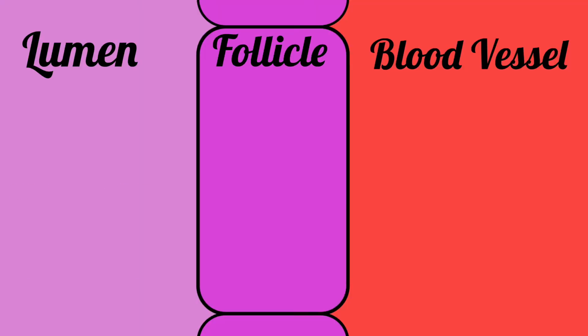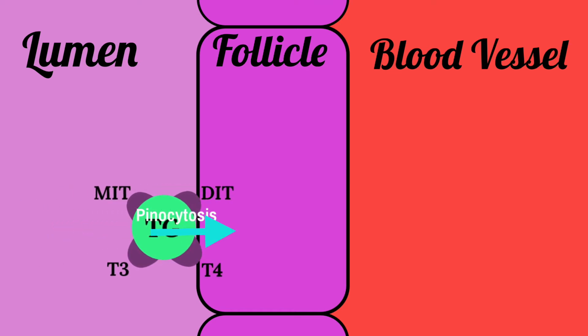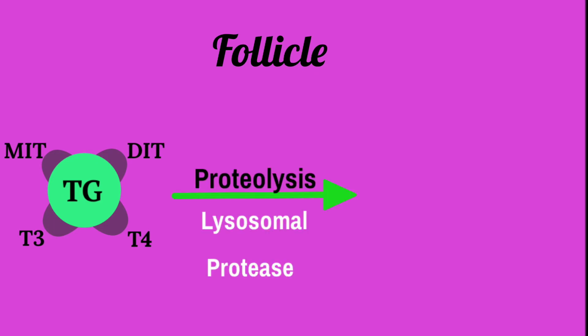For the release of the thyroid hormones into the circulation, the iodinated thyroglobulin needs to be pinocytosed inside the follicular cells. Then inside the follicular cells, they undergo proteolysis through the lysosomal proteases, and separate as mono, di, tri and tetraiodothyronine.